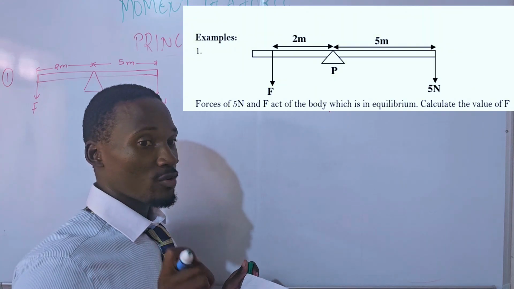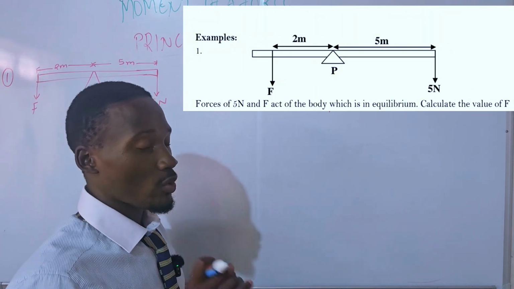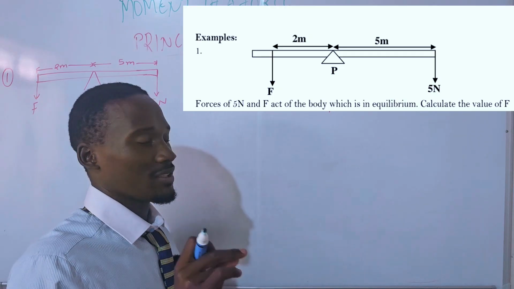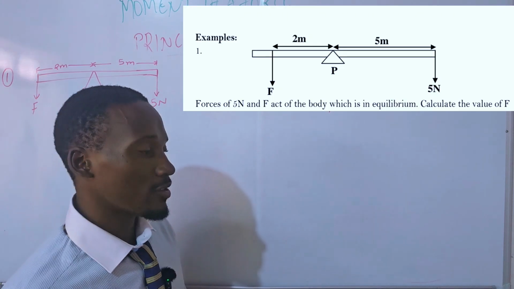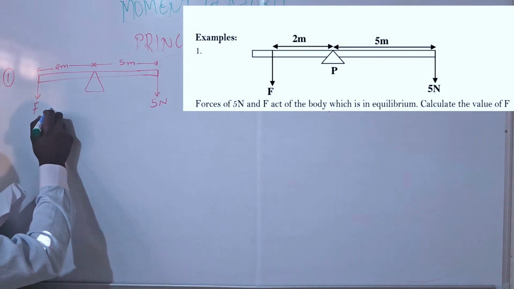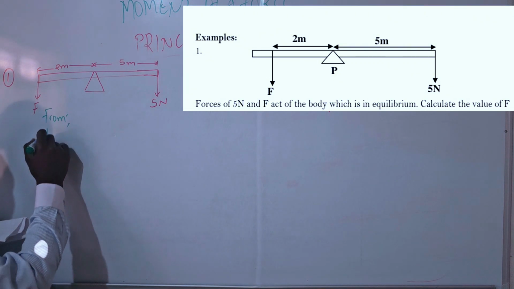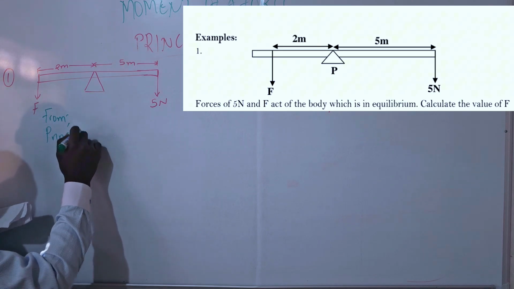Check if the question has something like equilibrium. We only solve this way when the question states that the system is in equilibrium, or is going to be in equilibrium. That is the only situation when we apply the principle of moments.